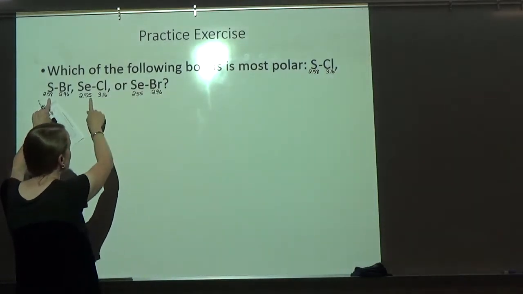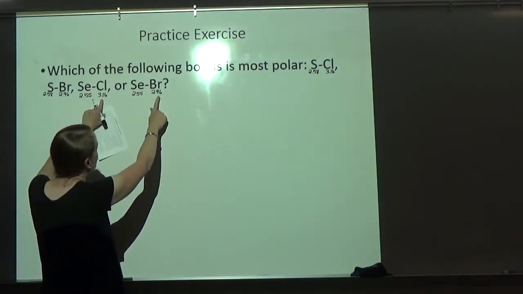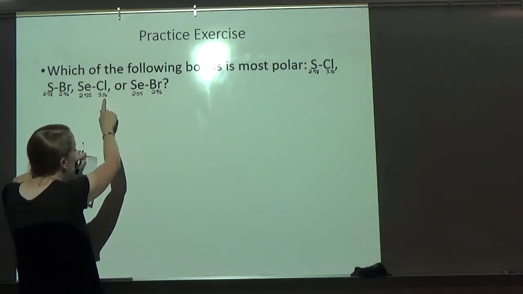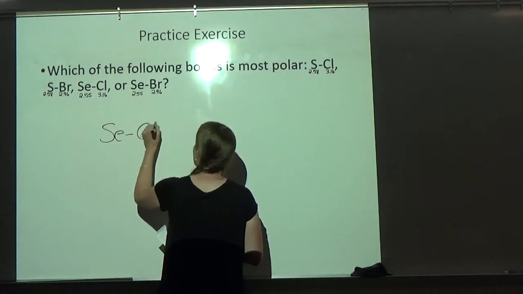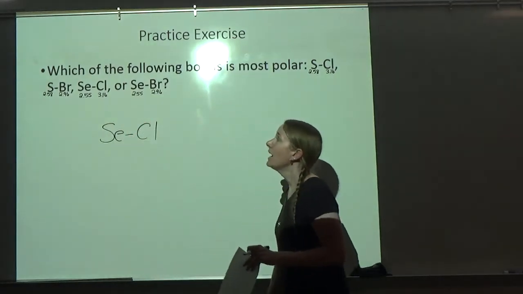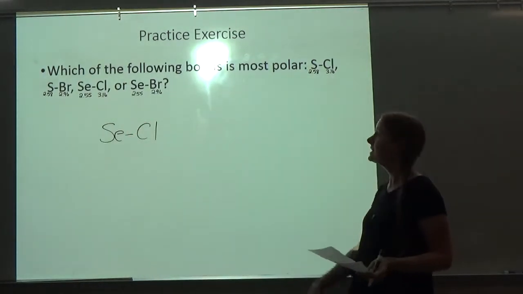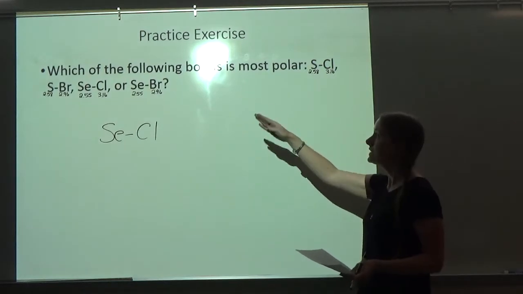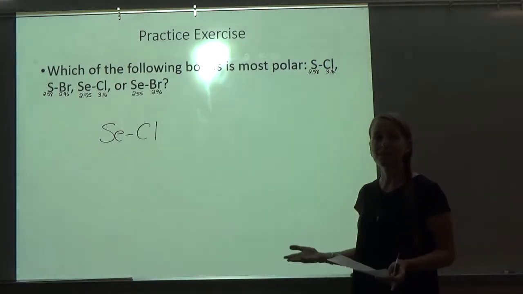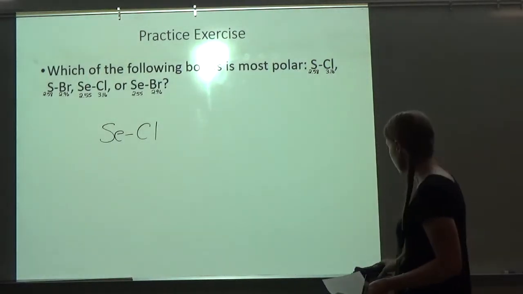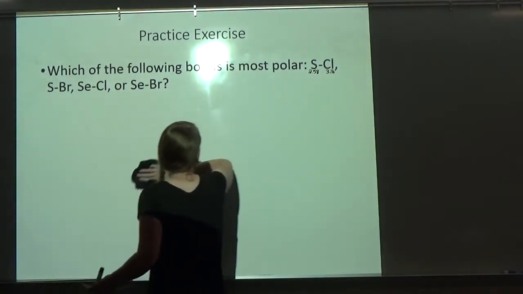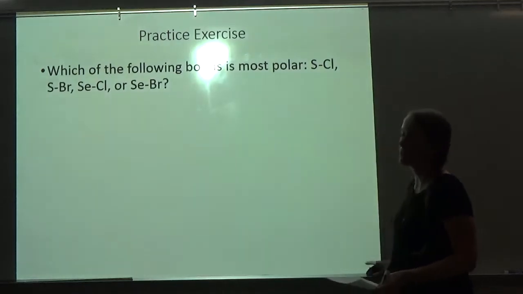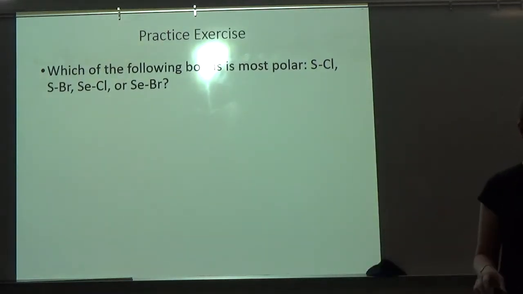And then between Cl and Br, Cl has the higher electronegativity. So I can tell just by looking at it, it's SeCl. Either one works; if you can look at it without having to subtract all of them, it saves you a little bit of time.